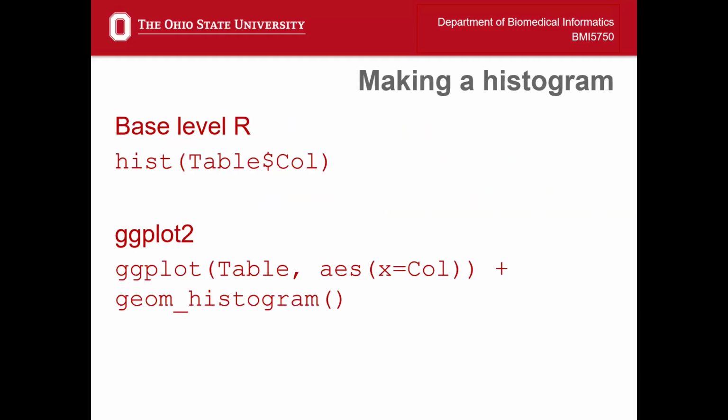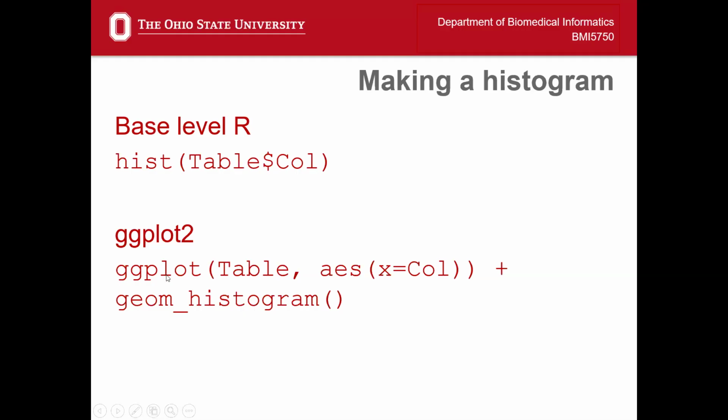If we're using the base level R to make a histogram, it's really simple. We use the hist function. We tell it our table $ column, and it's going to pull the values from that column and plot your histogram. In there, I think you can specify the number of bins, but if you just want a quick look, you don't have to specify anything.